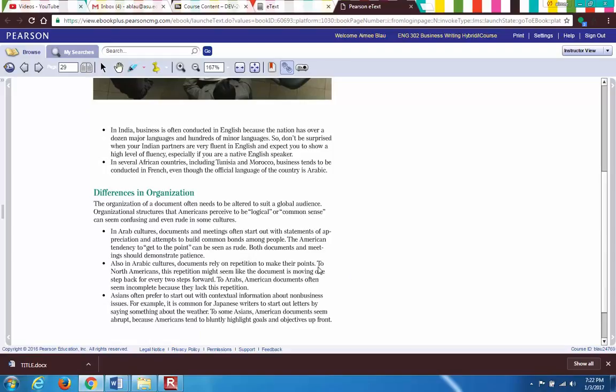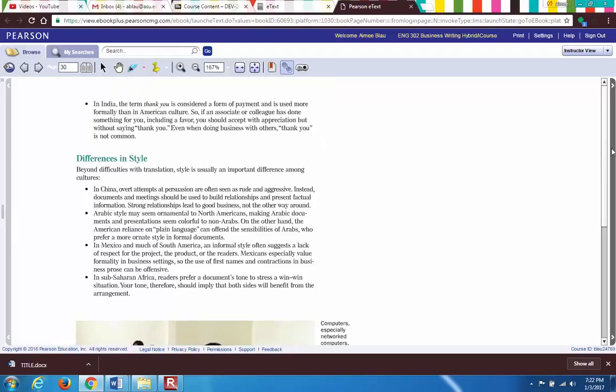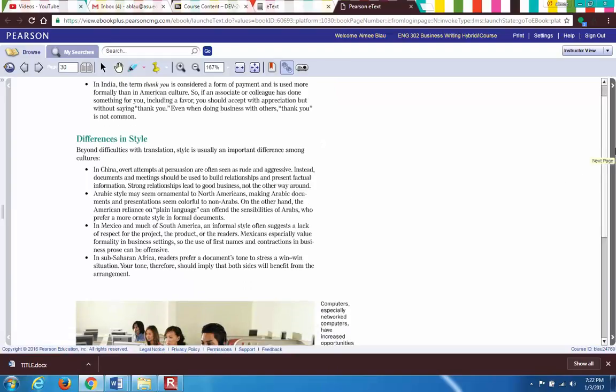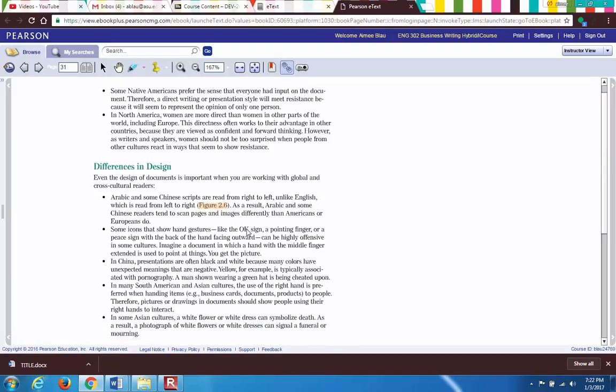But to us, in the Western world, this repetition might seem too much, and we're not going to respond well to that. So that's a very interesting way that being culturally aware can impact organization, style, design, all sorts of things.